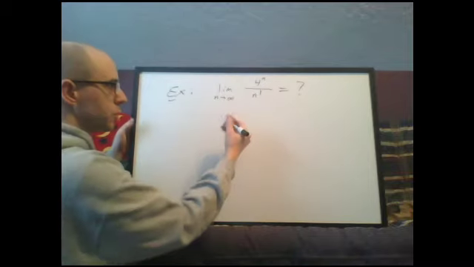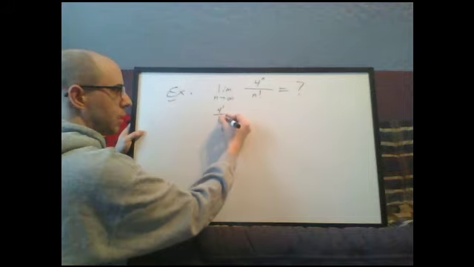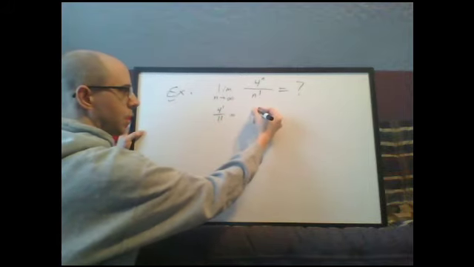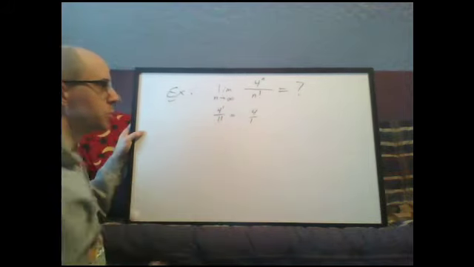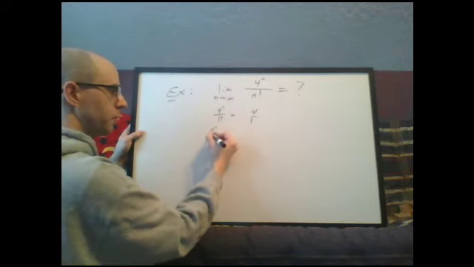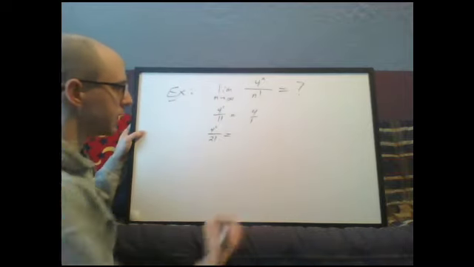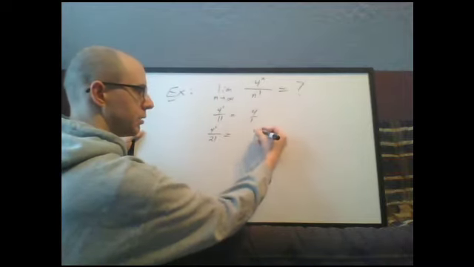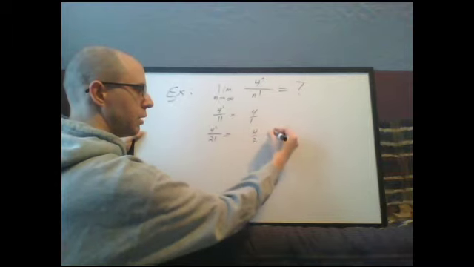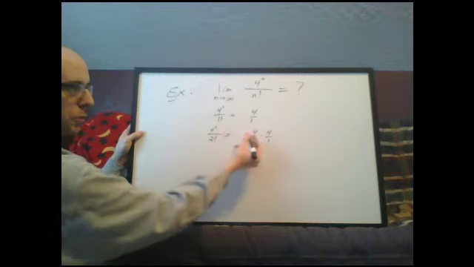Let's write the first few terms. When n is 1, I get 4 over 1. When n is 2, I get 4 squared over 2 factorial. But what that is is 4 over 2 times 4 over 1. 2 factorial is 2 times 1, and 4 squared is 4 times 4.